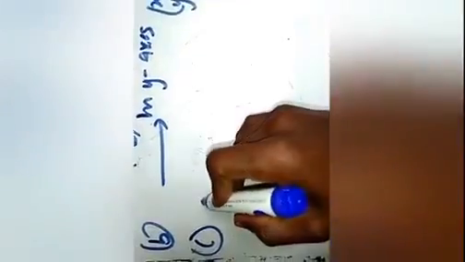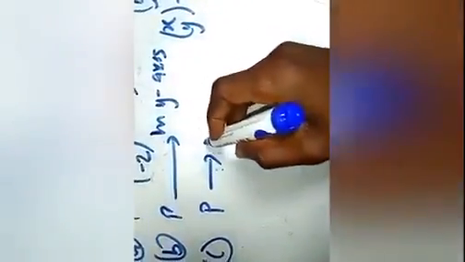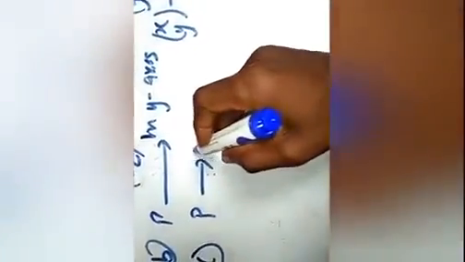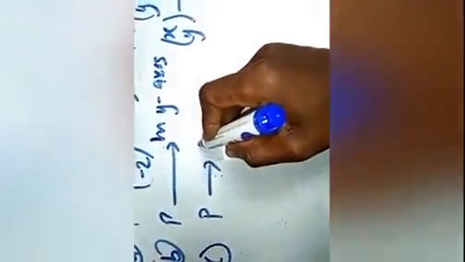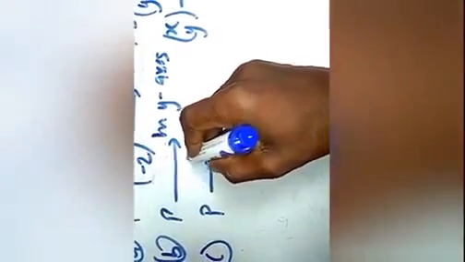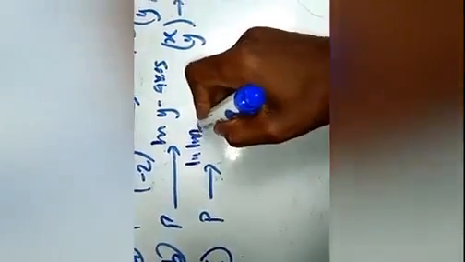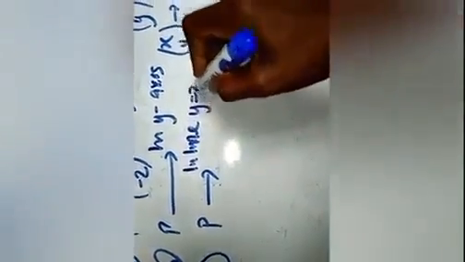Now for the C case, it is stated, what will be the reflection if P has its reflection in the line y equals x.